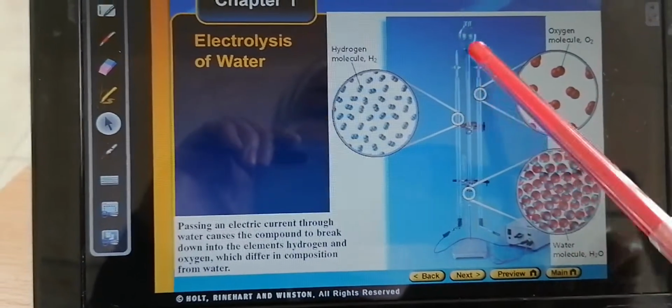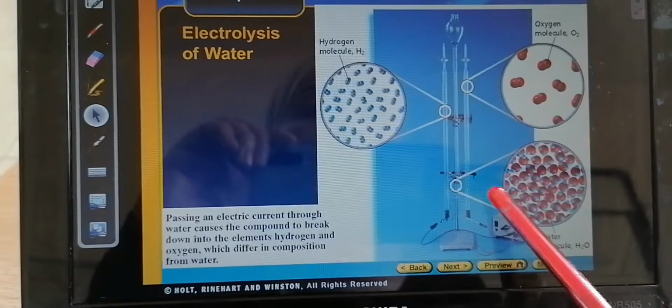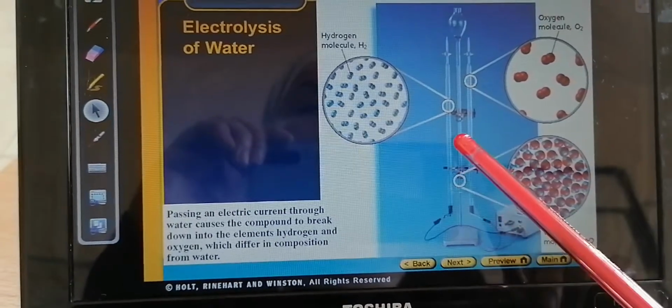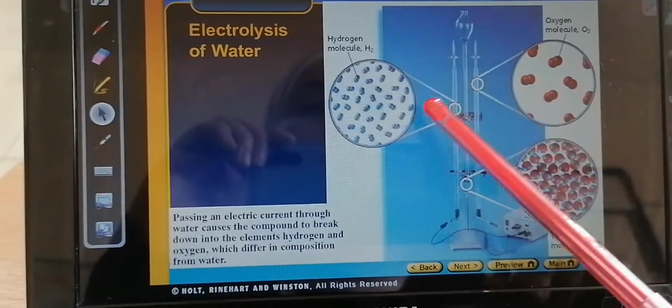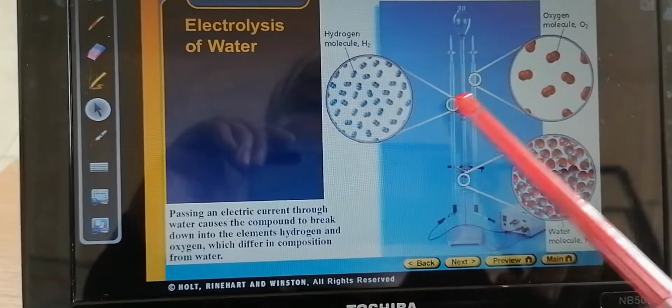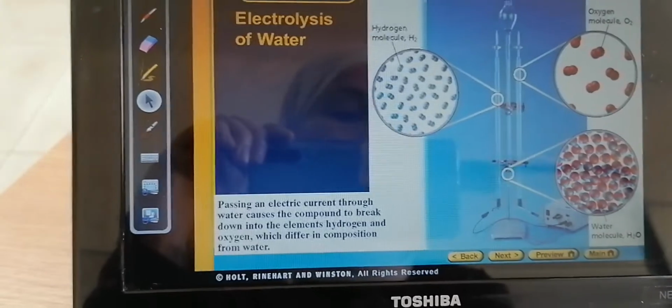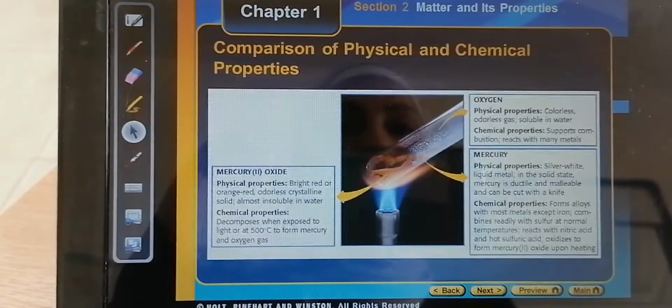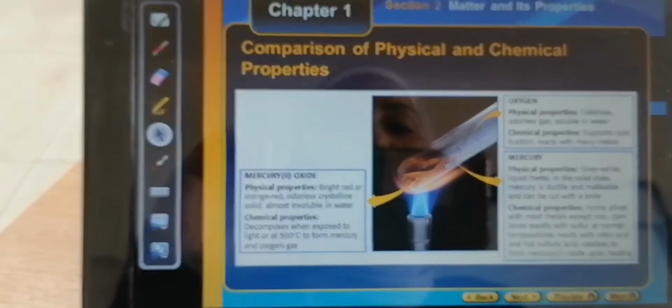So in this tube over here, we have water as H2O, and we have an electric current passing through it, and then we gather these two gases on both sides. So this is the name of the process. Please memorize that, electrolysis.